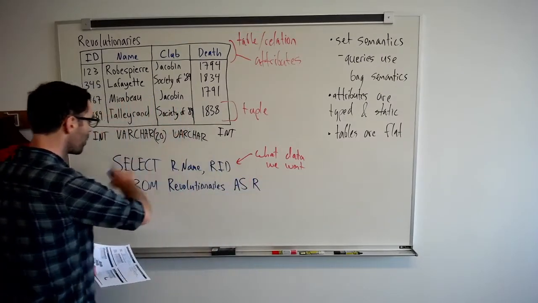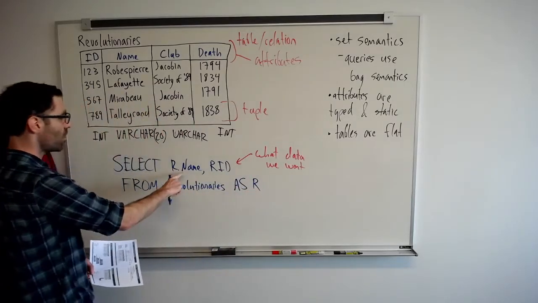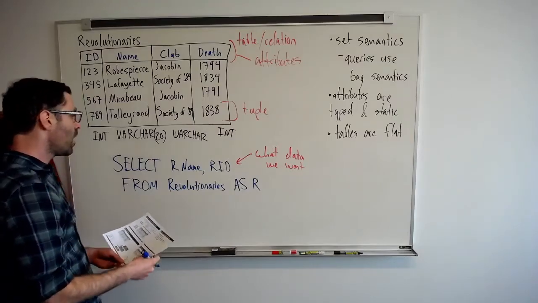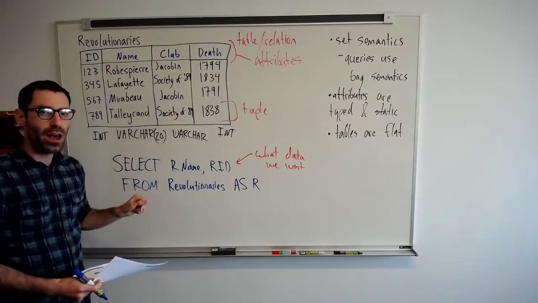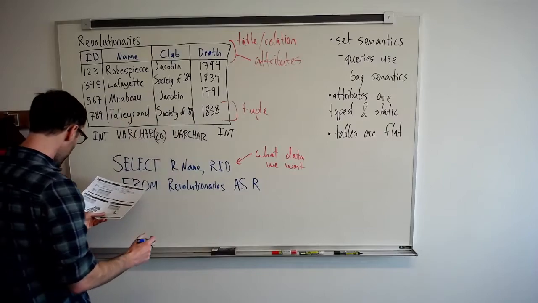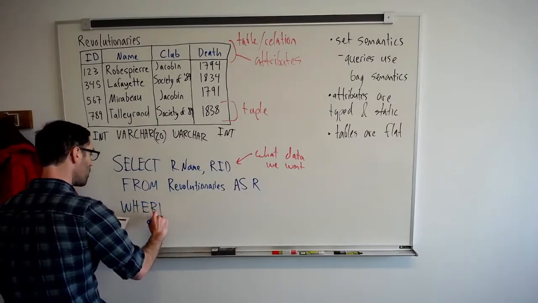So now throughout this query, revolutionaries can be referred to as R, so I can say r.name, r.id, and this is just going to select the name and ID of all tuples out of this table.